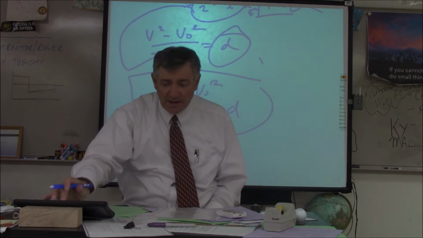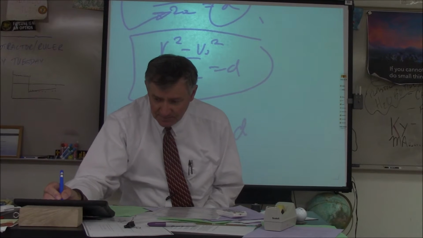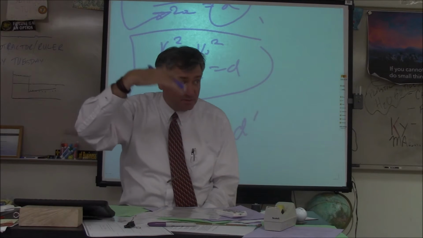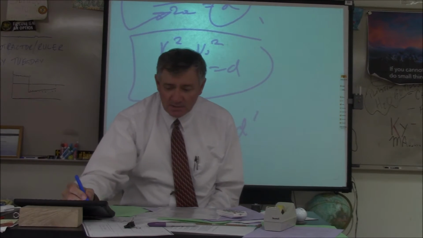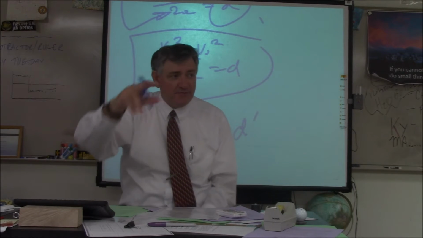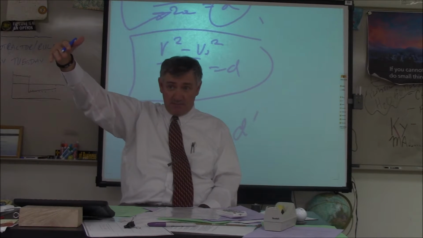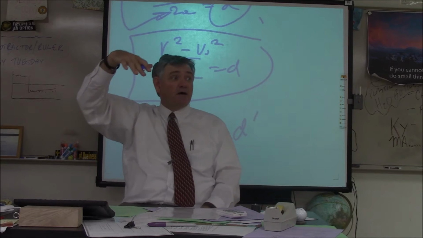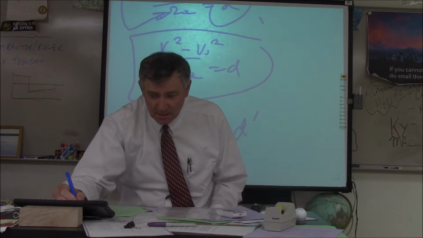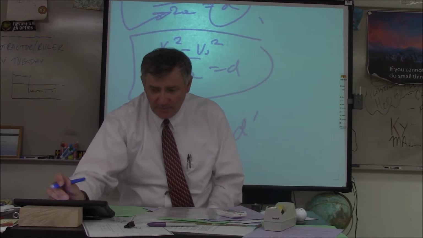I just know this is going to be my initial set of conditions, and it's going to stop in some distance. Now, the new distance, what we're going to call d prime, and we're going to use this system a lot. So that becomes v squared. But now, I'm going to double that velocity. Instead of v naught, I'm going to write 2v naught squared divided by 2a.